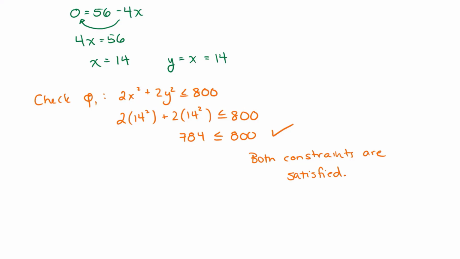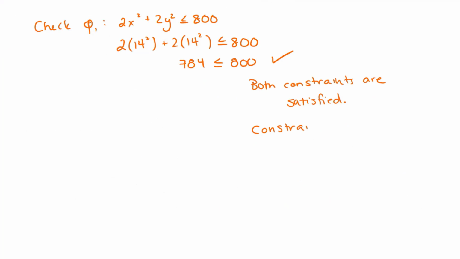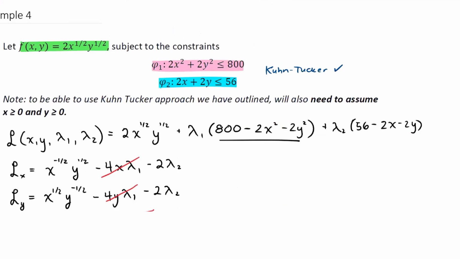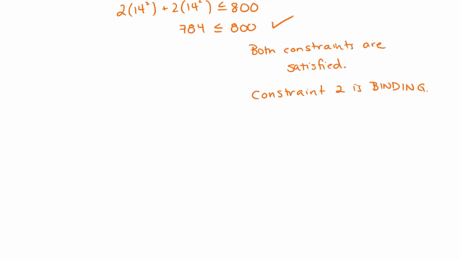Which one is binding? Which constraint did we use in our analysis? We assumed constraint 1 was 0, meaning it was non-binding. Constraint 2 is binding. Okay, the last thing we would do is solve for what f is. So I'm going to take my equation for f. F of x comma y was equal to 2x to the power of half, y to the power of half.